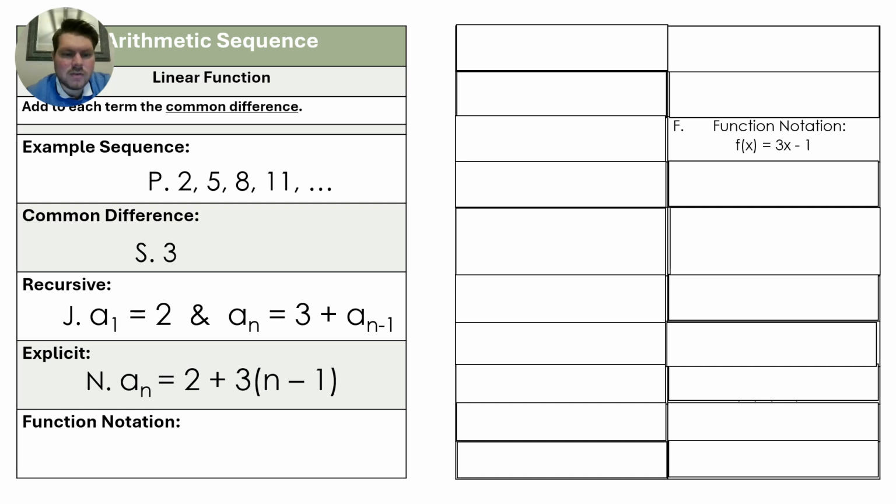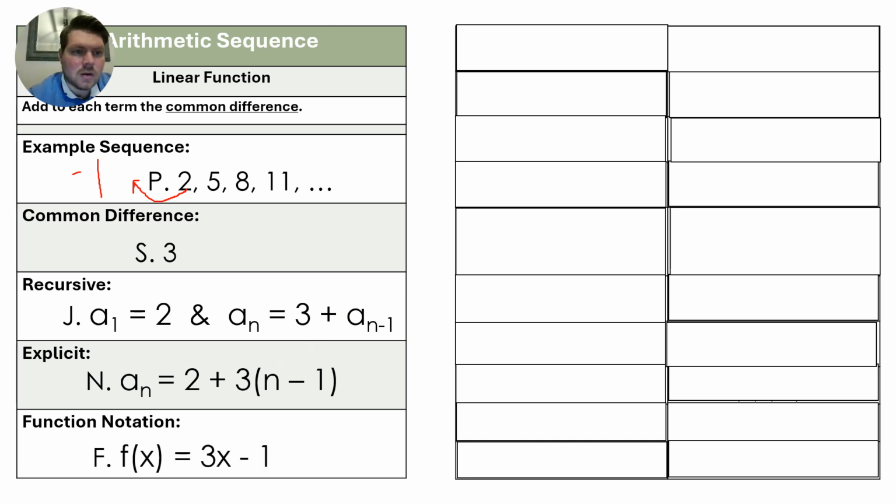And then if I tried to find the number that came before, I could subtract 3 and you get -1. I could plug in 0 for n, or I could distribute this 3 and then simplify. Either way, you should get 3x minus 1, or minus 1 plus 3x.